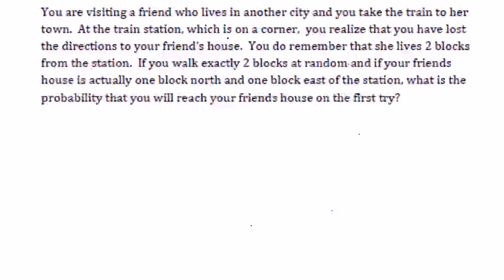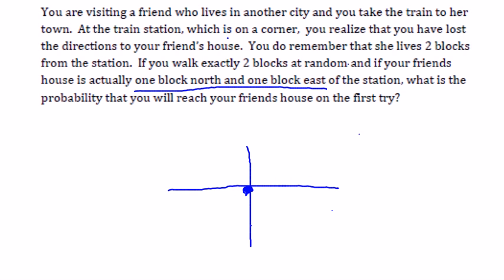The fact that they give you this 1 block north, 1 block east implies to you that this situation is a square grid of a city, which is what most cities are laid out to be. So essentially what's happening is we have this square grid that's created.